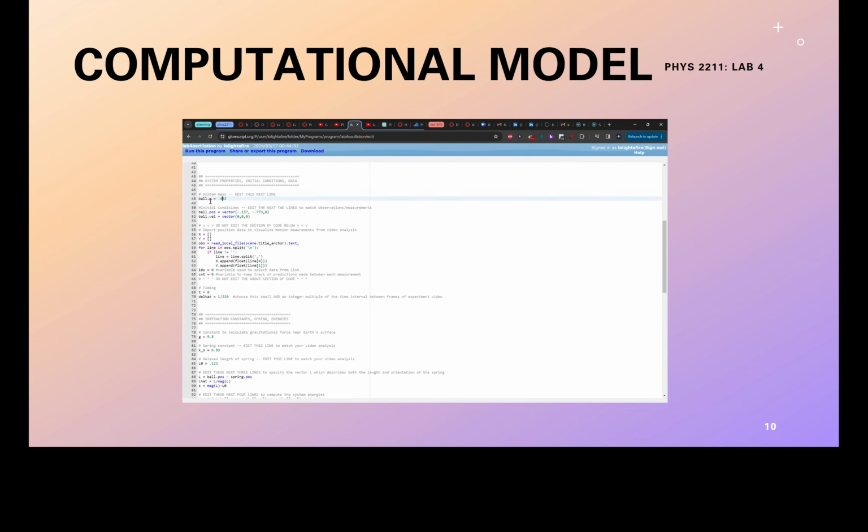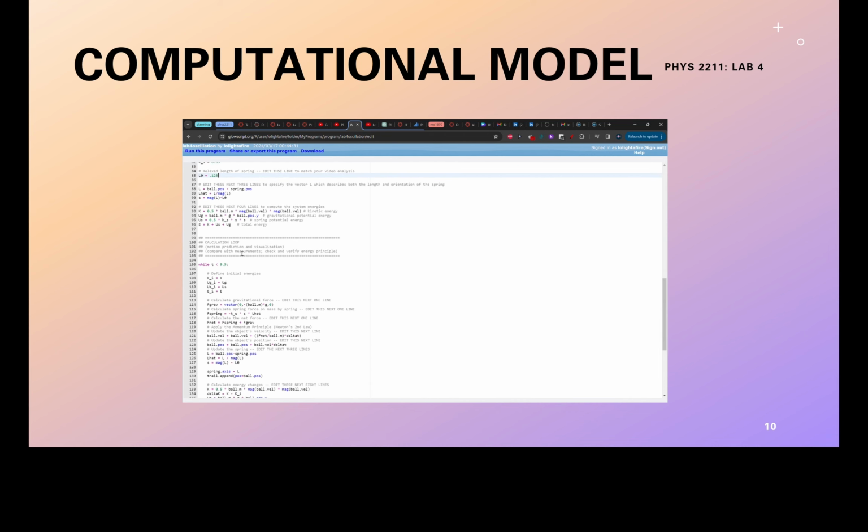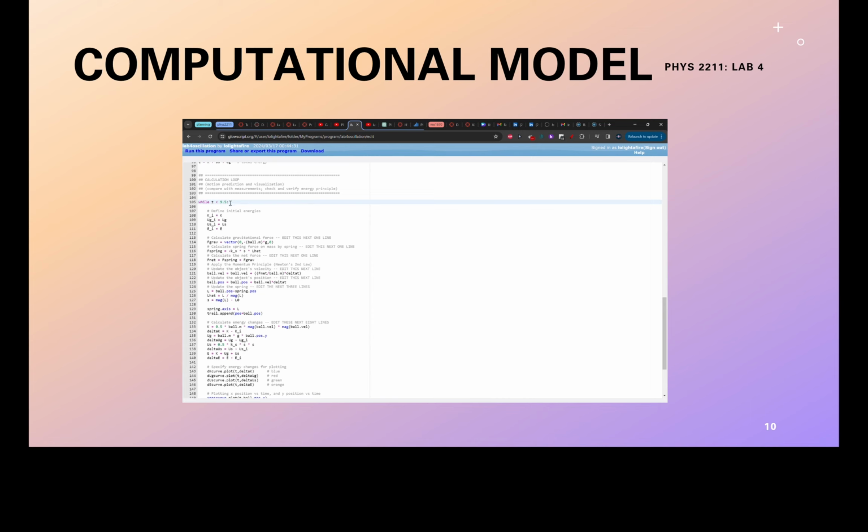Here's the mass of the system, and the initial conditions are here, the position, and delta t, the acceleration due to gravity, spring constant as calculated, the relaxed length of the spring, and then these are the energy formulas as put in the introduction.